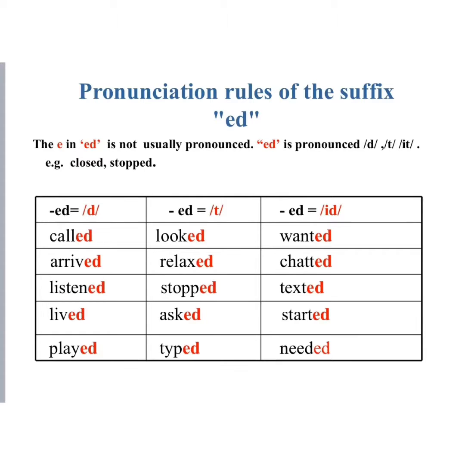If the verb ends in soft consonants and vowels, it is pronounced as d. For example, called, arrived, listened, lived, played. If the verb ends in hard consonants and hissing consonants such as x, double s, sh, it is pronounced as t.